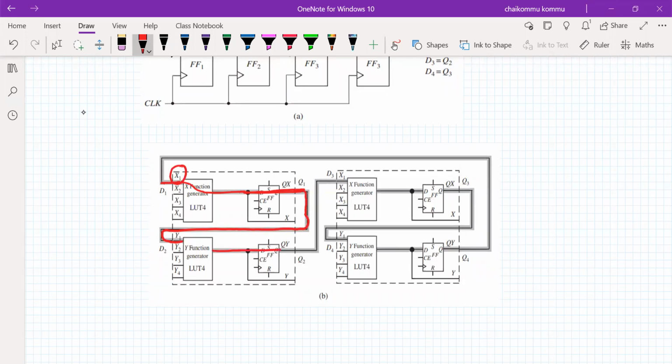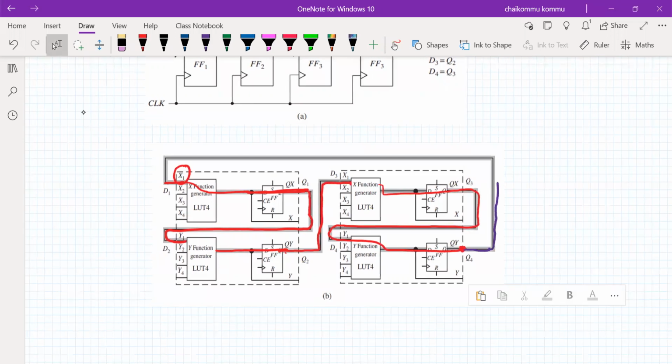The output of this one must go through the flip-flop to the next lookup table input, and the same thing will be connected to this one. Now, we have to give the feedback from output to input again.